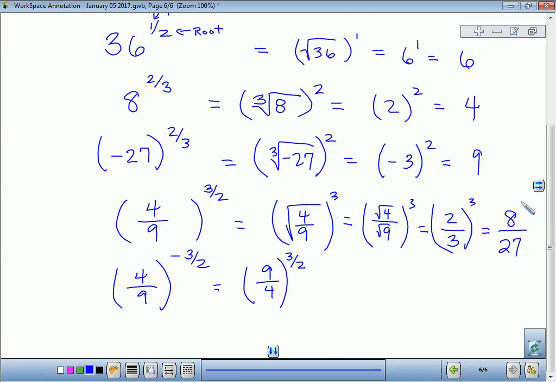So all it's going to do is take our answer and flip it, because it's the square root of 9 and the square root of 4 cubed. So it's 27 eighths.